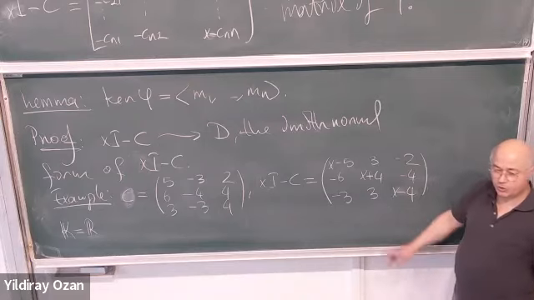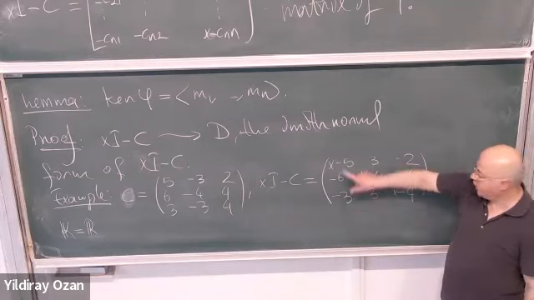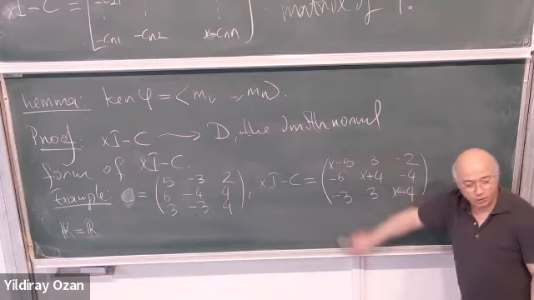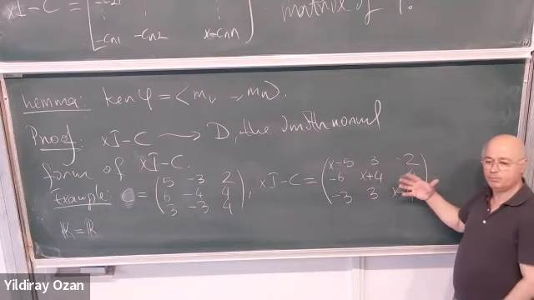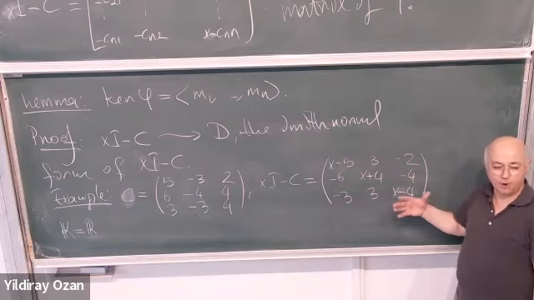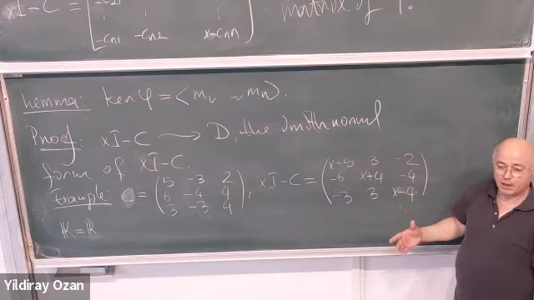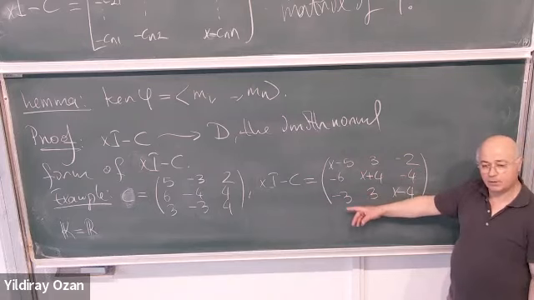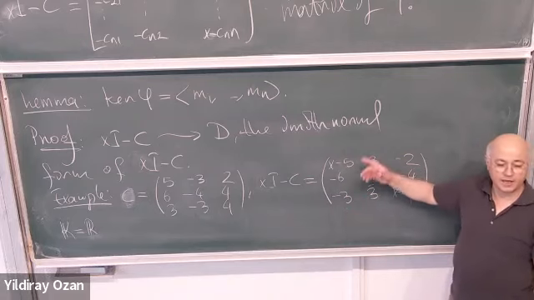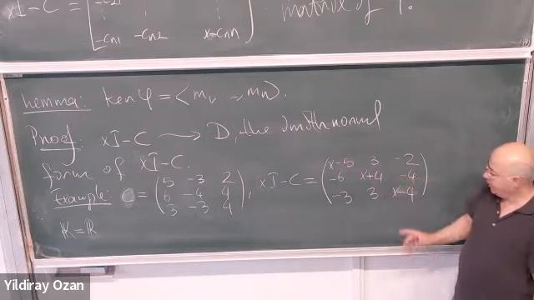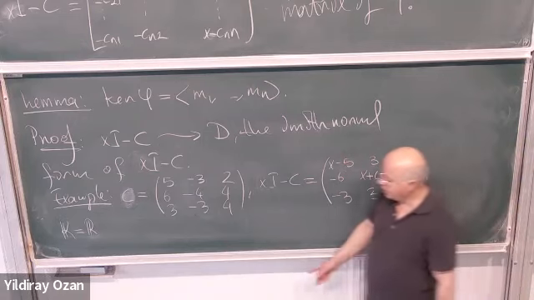So, we have to have something like this. One non-zero element here and all others zero, right? I have to bring this to diagonal form using row or column operations. I can add one column to another column and so on. I can divide by units. Here, what are the units?